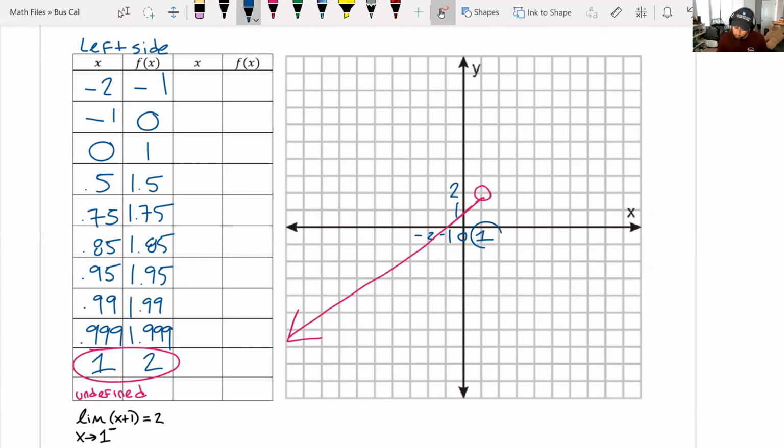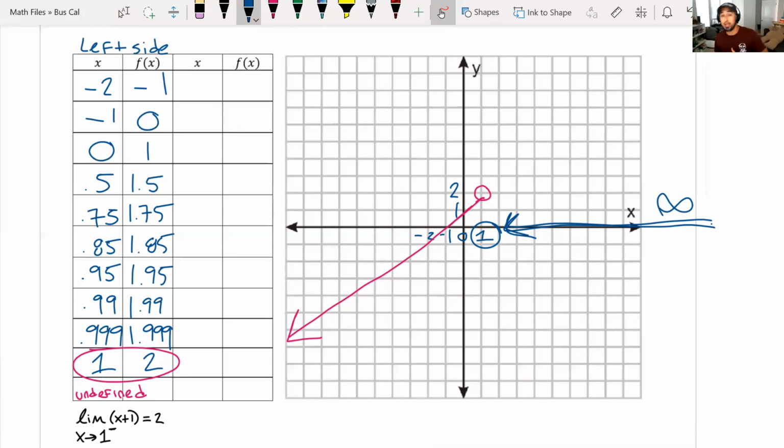So again, we are approaching 1. And if we want to approach 1 from the right side, we use all the numbers starting from positive infinity, meaning all the numbers bigger than 1. So we come from positive infinity, and we stop as we get really, really close to 1.